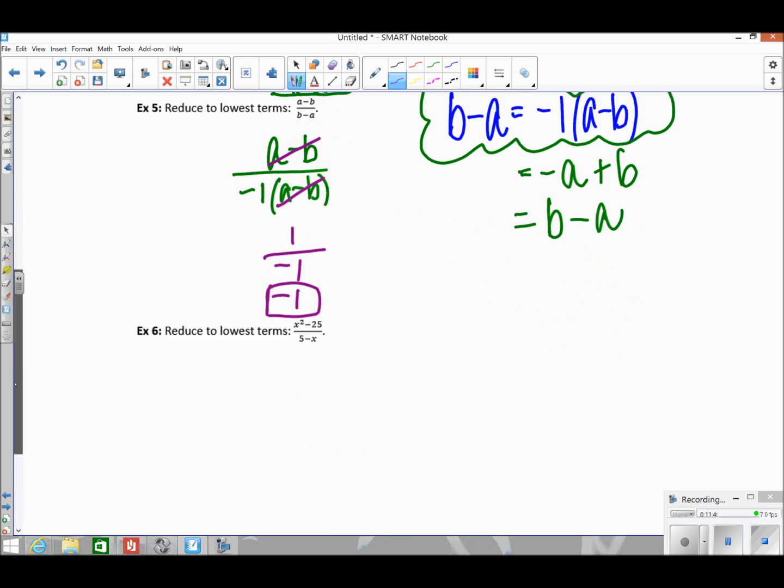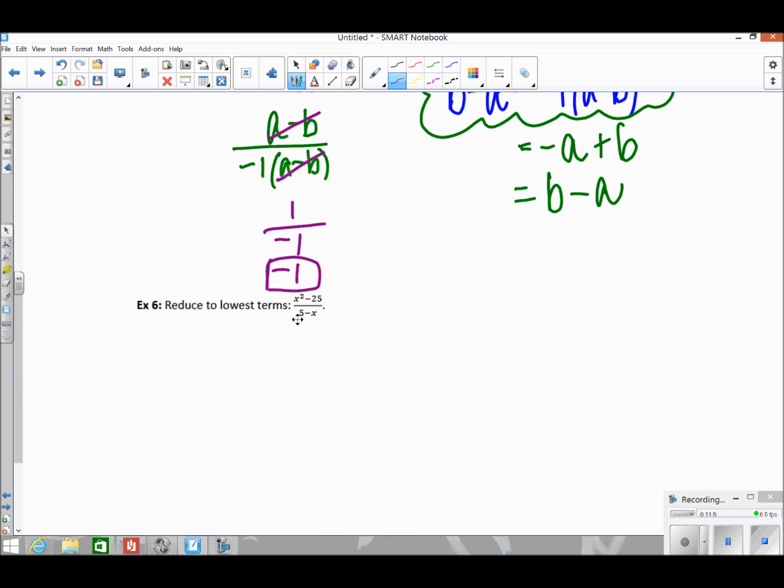So similarly, down with this example, we're going to reduce. So we're going to look at the top. We get x minus 5 times x plus 5 when we factor, because it's a difference of perfect squares. And then on the bottom, I have a 5 minus x.